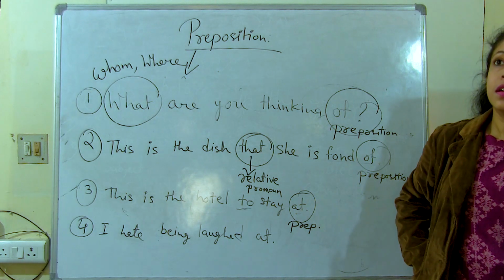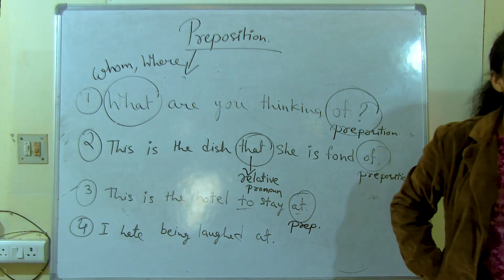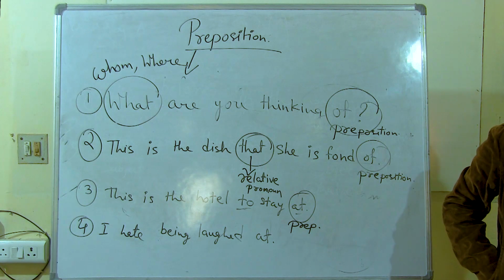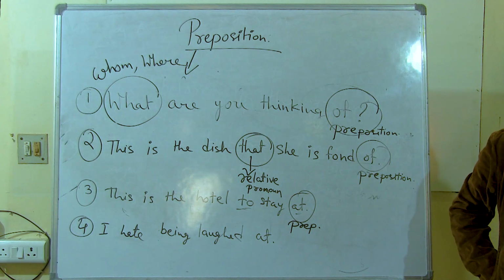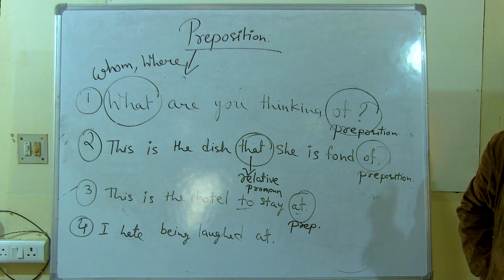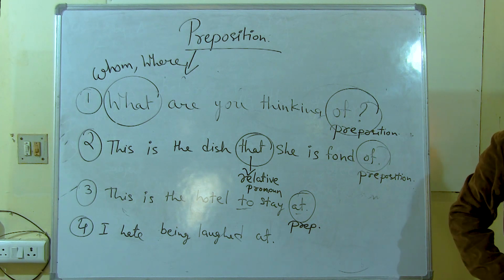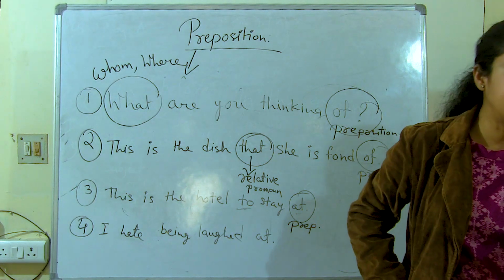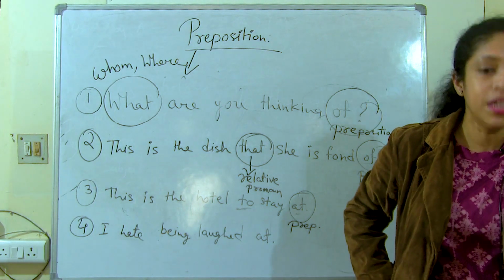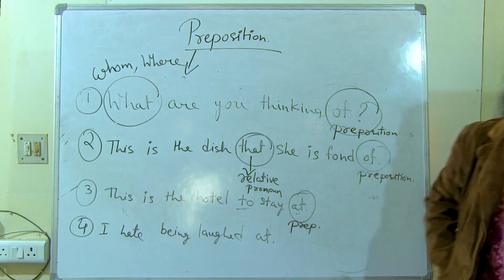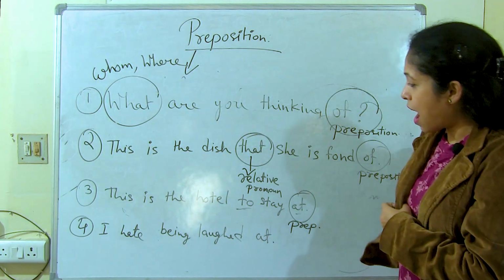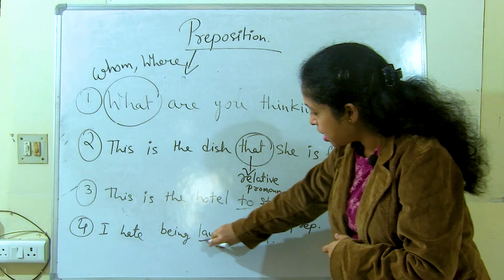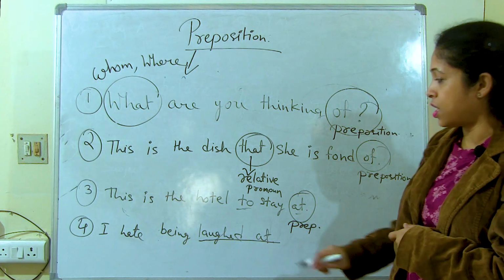Then bring upon. These are appropriate prepositions, meaning a verb is used with a particular preposition, and then it gives another meaning to the word. So laughed at is an appropriate preposition.